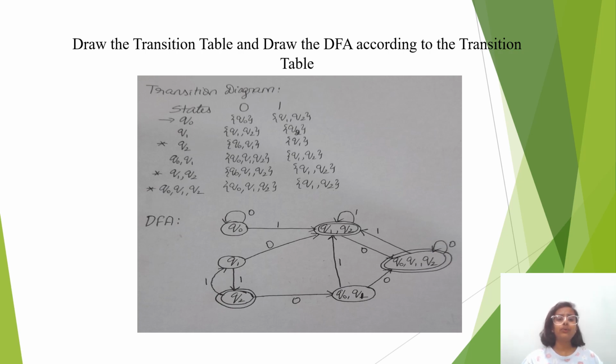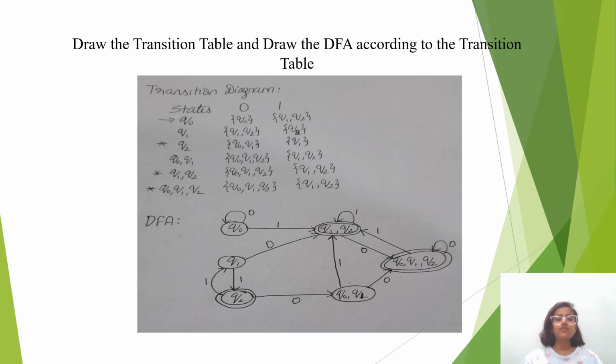The states are Q0, Q1, Q2, where Q0 to Q0 we should ignore because it is a self loop. For Q0, on 0 and 1 it is a self loop, so it is written as Q0. Next, Q2. We have to search for Q2 on 0 and 1.